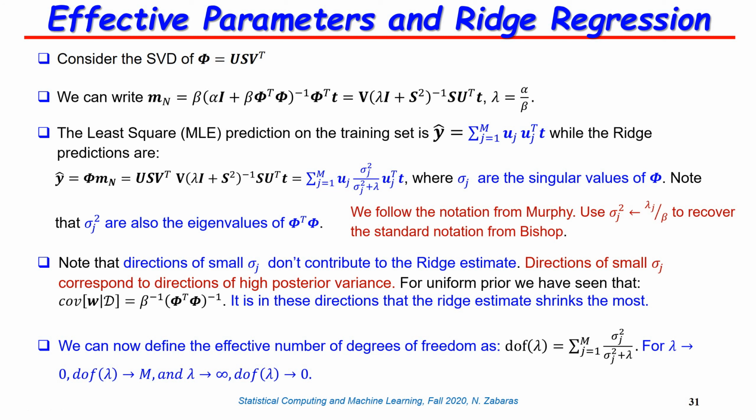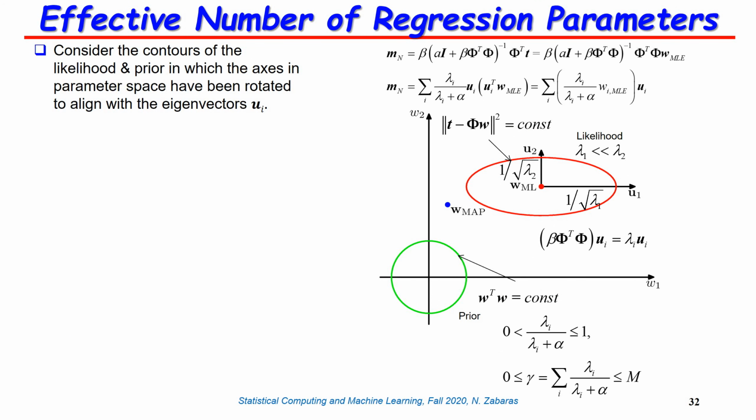I'm going to repeat these calculations once more without doing the singular value decomposition of phi. I'm going to start directly from the eigenexpansion of beta phi transpose phi that we had before, but effectively we're going to get the same results, and I want to show you these results graphically.